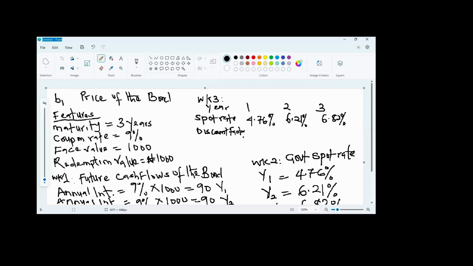Now, please, discount factor for year one at 4.76%. Please compute.